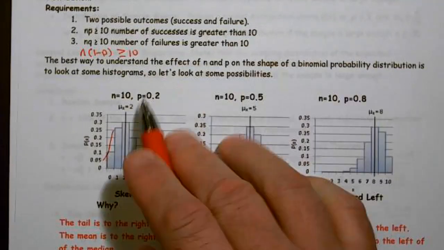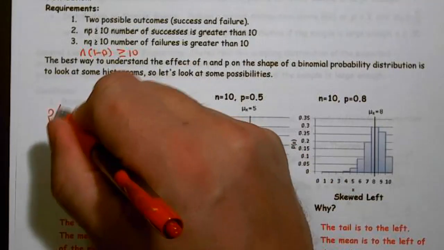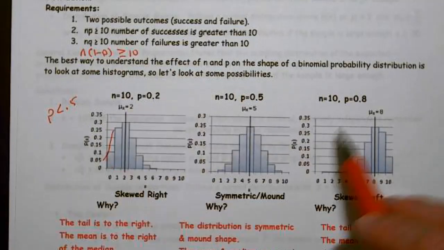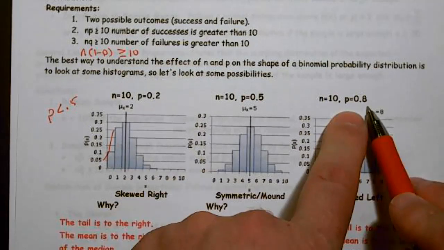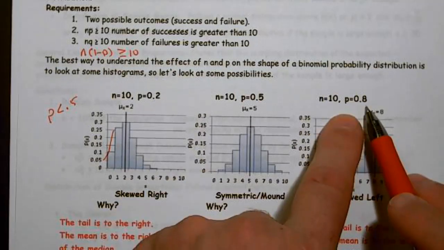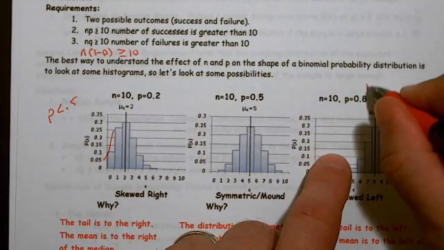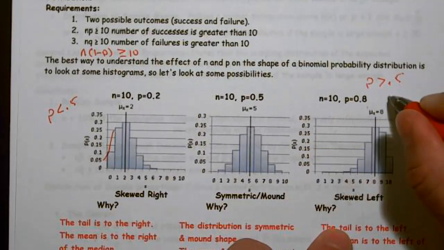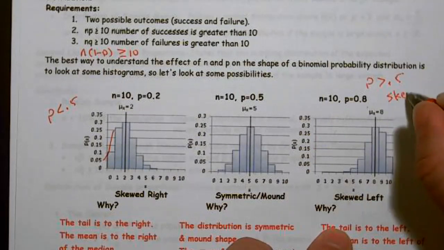Matter of fact, we can say that if the probability is less than 0.5, the binomial will be skewed to the right. So probability less than 0.5, the binomial is skewed to the right. Over here at 0.8, we have a probability that is greater than 0.5, and we find that it's skewed to the left. So probability greater than 0.5, skewed left.